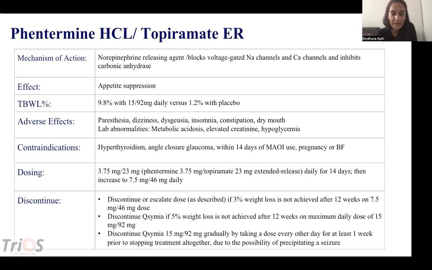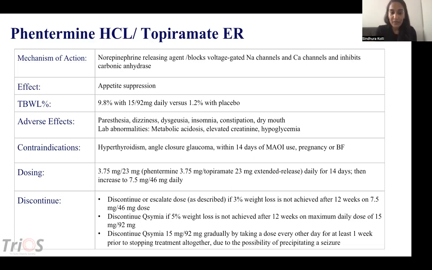The other ones are similar: angle closure glaucoma, MAO inhibitor use within the last 14 days, pregnancy or breastfeeding. Pregnancy and breastfeeding are pretty widespread throughout all of the medications, mostly because the large-scale studies don't include enough patients that were pregnant or breastfeeding to safely say that it's okay in this population.